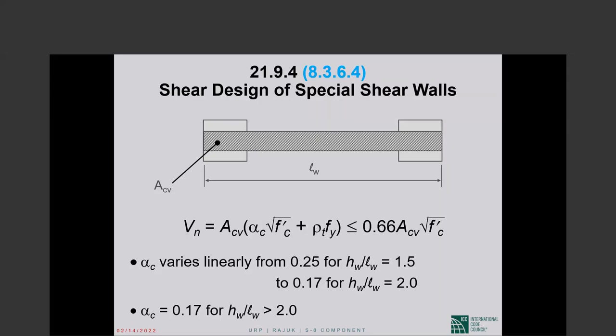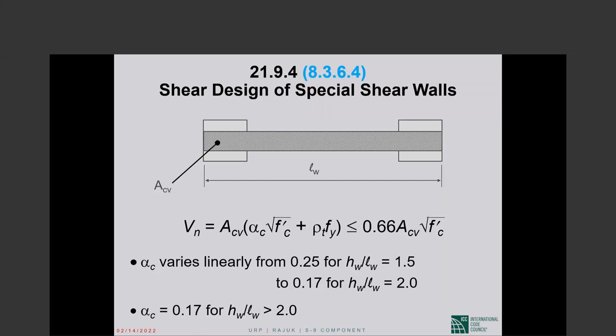Now, there were tests of low-rise shear walls at the Portland Cement Association a long time ago, before my time, in the early 70s, that showed that concrete in low-rise walls, height to length ratio less than or equal to 1.5, can do better than 2 square root of f sub c prime. So with those test results, we proceeded to complicate the code.